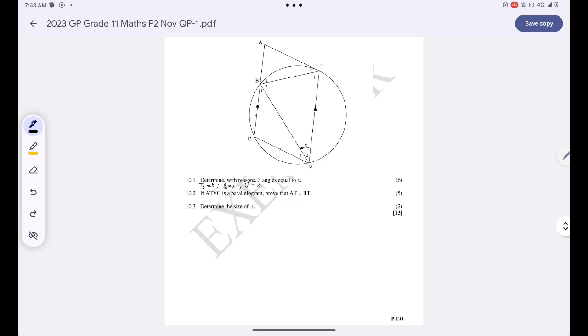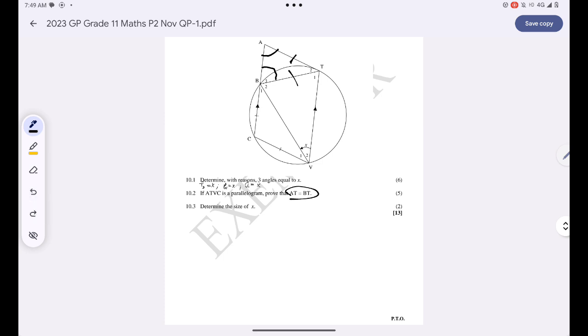If I can show that angle A is equal to this one, I can therefore conclude that AT and BT are equal. So for me to prove that AT and BT are equal, I must first prove that B3 and angle A are equal.